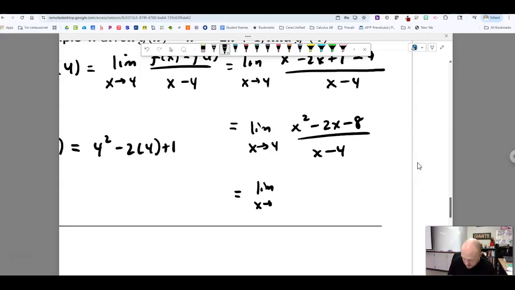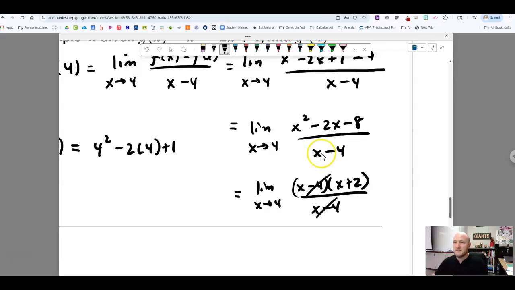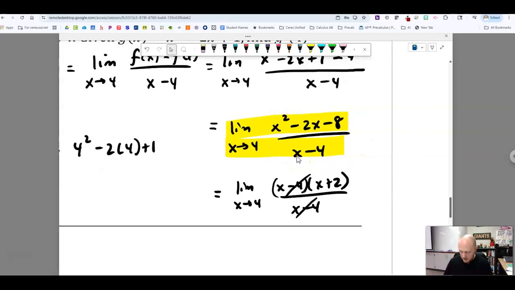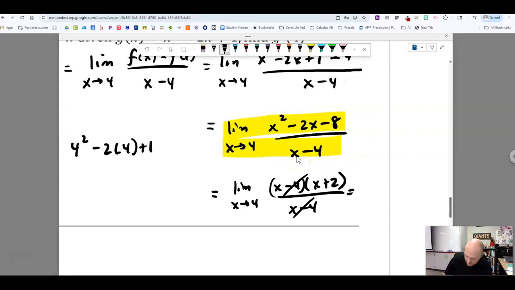The limit as x approaches 4, I get x minus 4 times x plus 2, and we know that our x minus 4s cancel. If you were to plug in 4 at this stage, you would get 0 over 0, an indeterminate. So again, you have to factor in order to evaluate this limit as x approaches 4 of x plus 2.